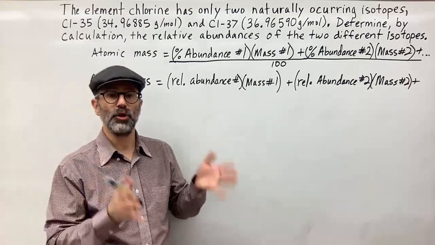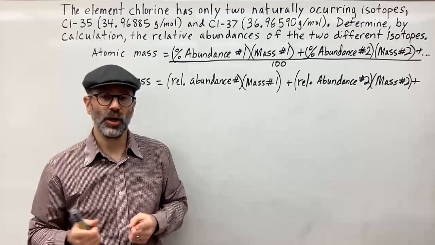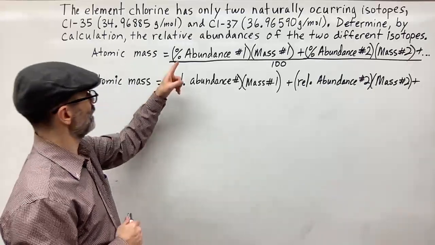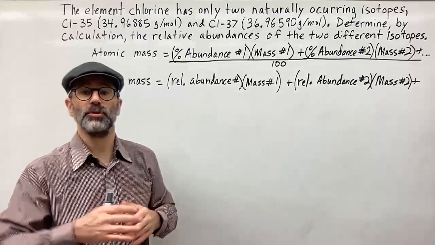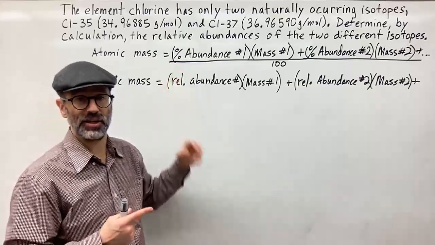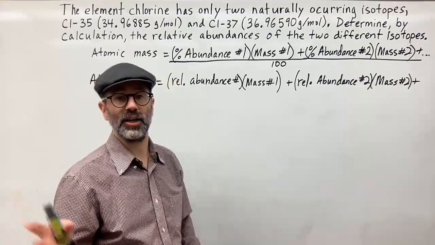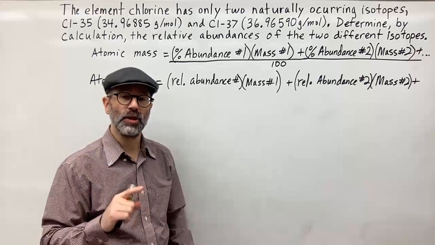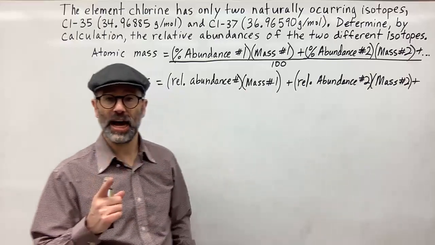Well, if you divide 100 by 100, you get 1, right? So if I take these percentages and add them up, all the percentages should add up to 100%. But if I divide each of the percentages by 100, then I have to divide the 100% by 100, and that equals 1. So that means that the relative abundances of each isotope should add up to 1.